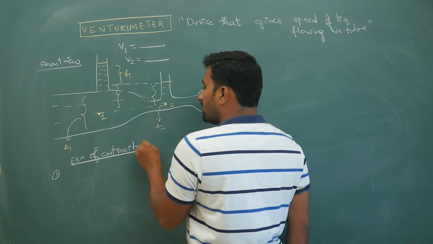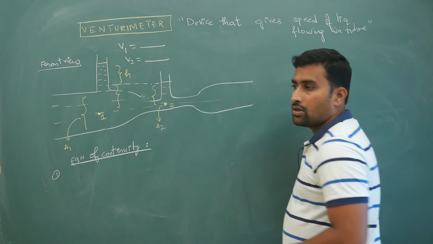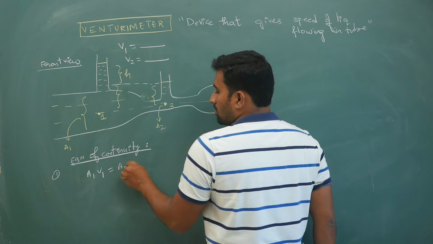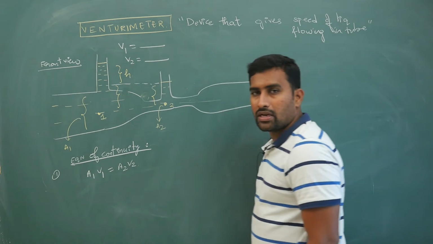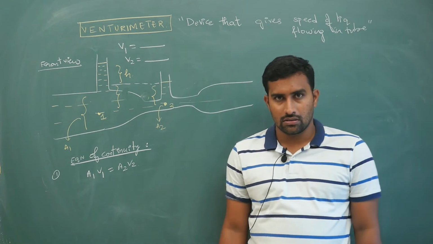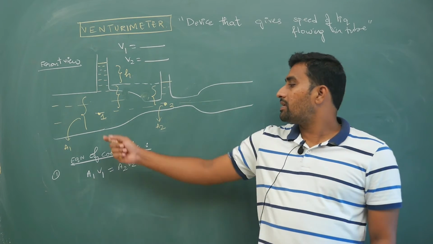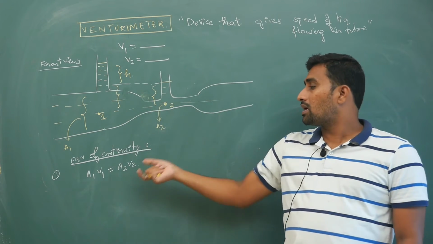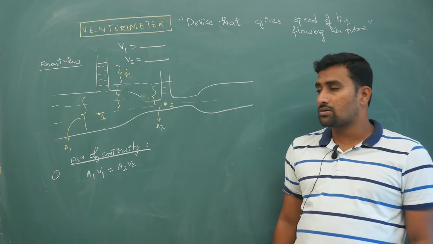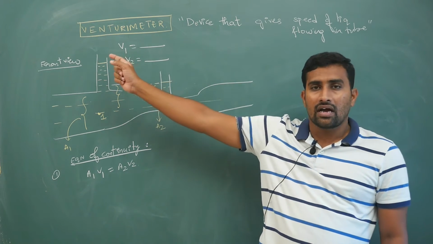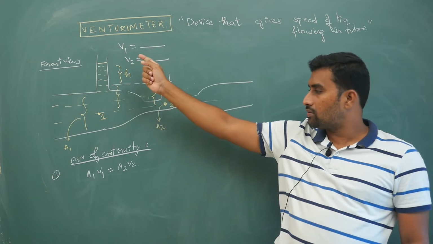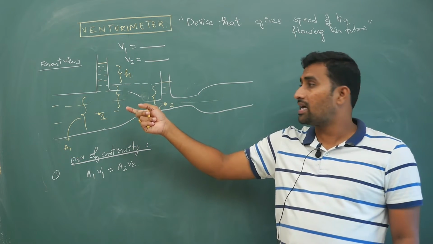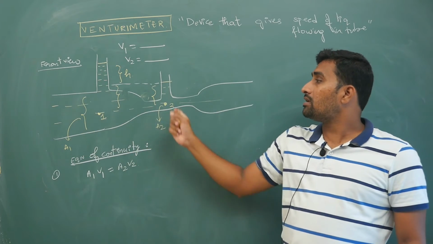The equation of continuity says A1 V1 equals A2 V2, and it must hold, since the fluid is flowing in this pipe. My target is to finally express V1 and V2 in terms of the given values, that is A1, A2 and h.